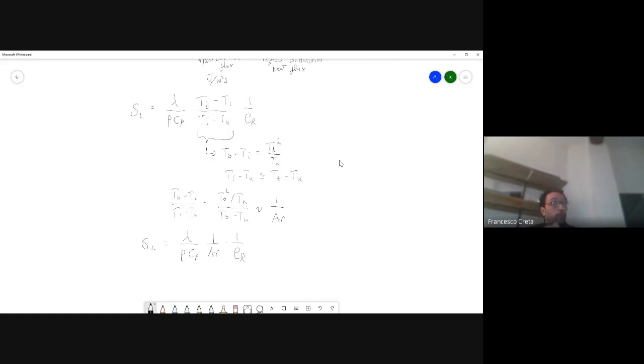Rho, for example, will depend on pressure. Lambda and Cp are properties of the fresh mixture, and the Arrhenius number is a property of the chemical kinetics, right? But what about Lr?